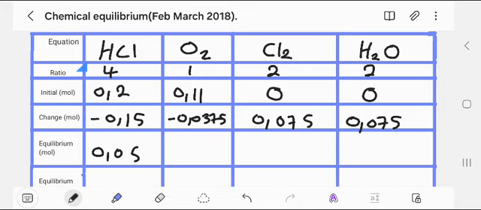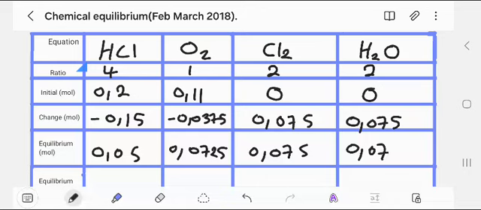When you subtract these 2, you will get 0.0725, right? Then this will remain as it is, 0.75, and this will be 0.075, right? Those are products. That is what we have.